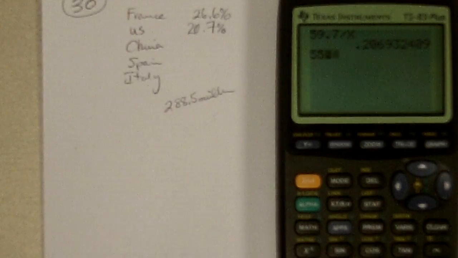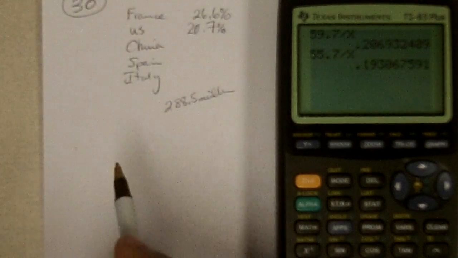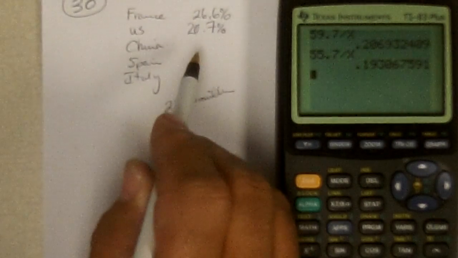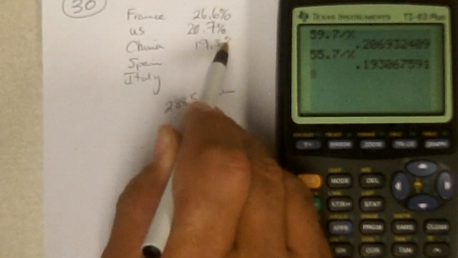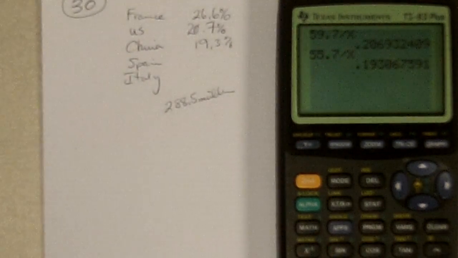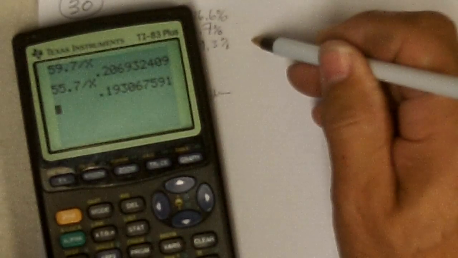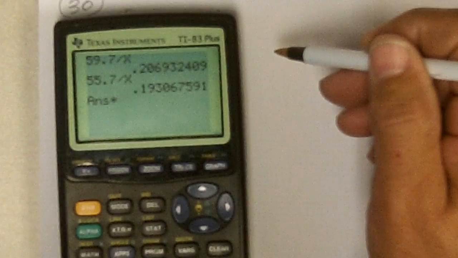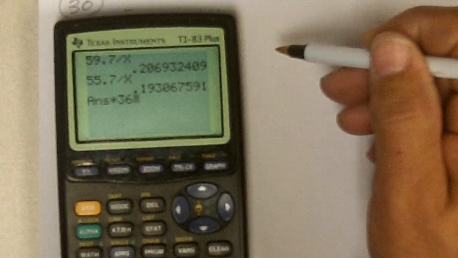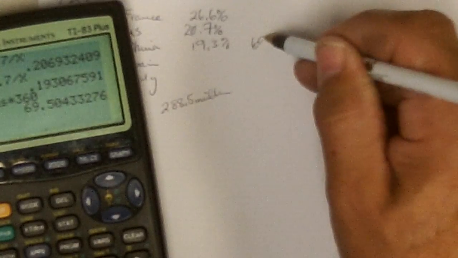55.7 divided by X is 19.3. And by the way, I should be figuring out the number of degrees that is. So I would take this answer times 360 to know how many degrees the pie chart would be, and that's 69 degrees.